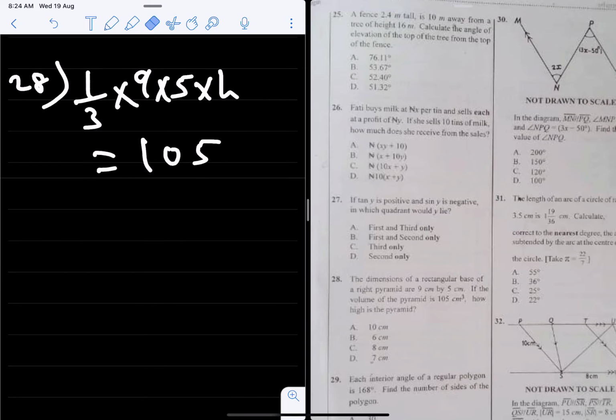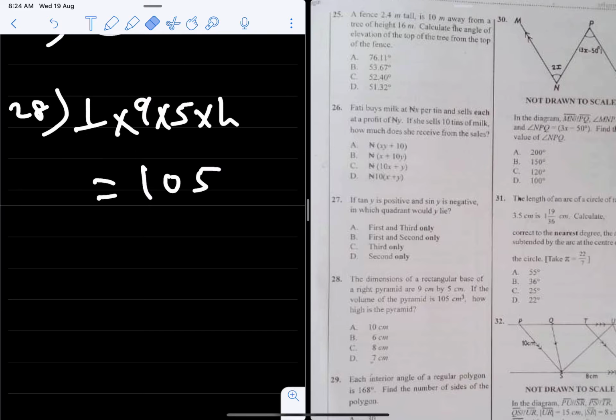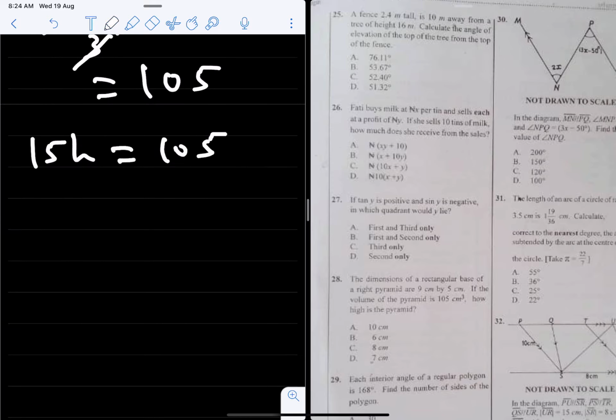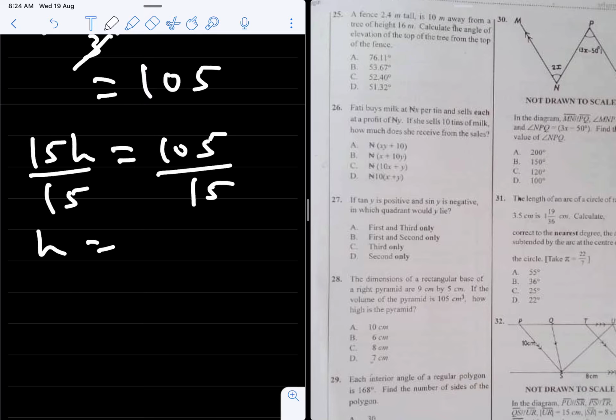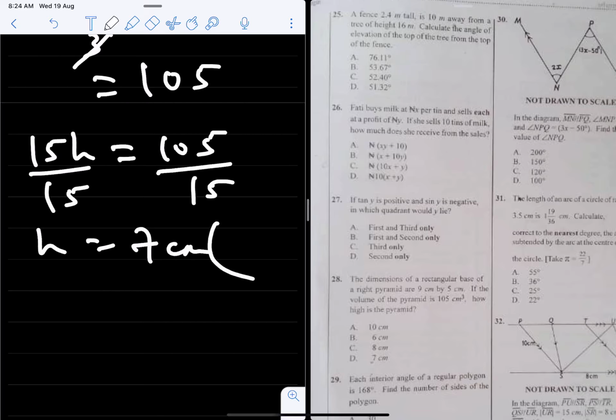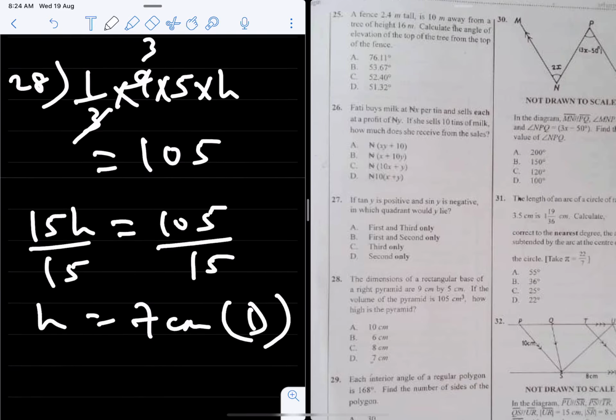So that simply means, 3 here 1, 3 here 3, that's 15h equals 105. If we divide both sides by 15, h will be 105 divided by 15, that's 7. H equals 7 centimeters. So the height of the pyramid is 7 centimeters, which is D, very simply.